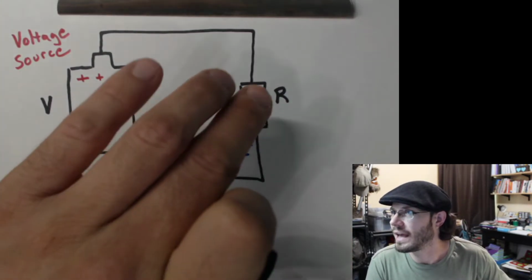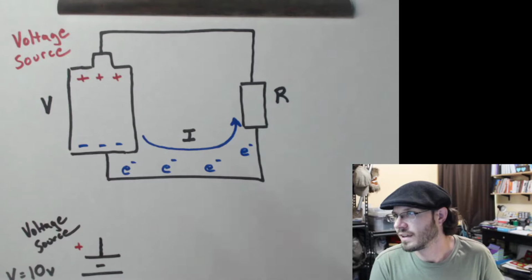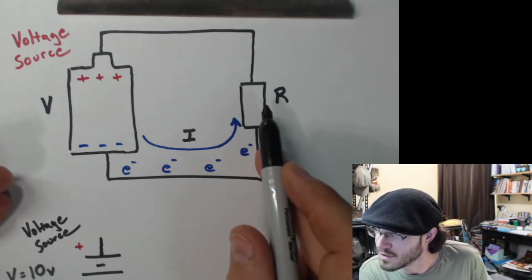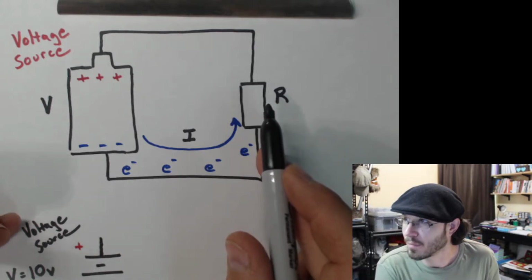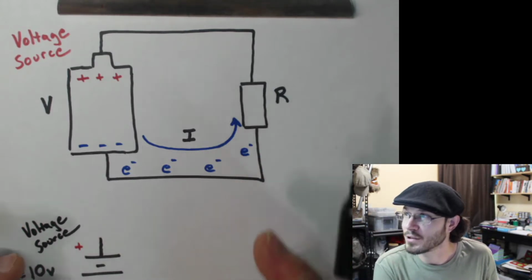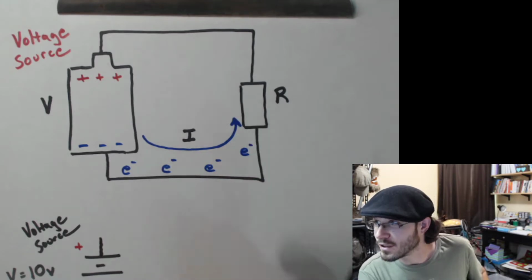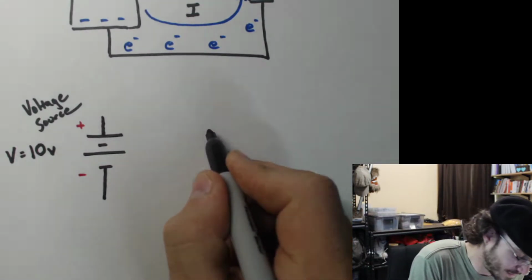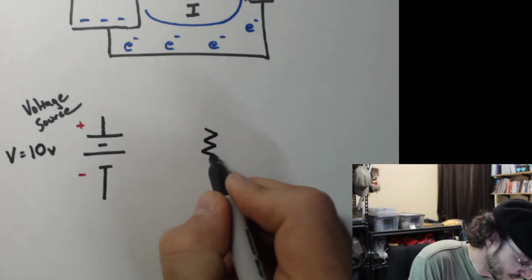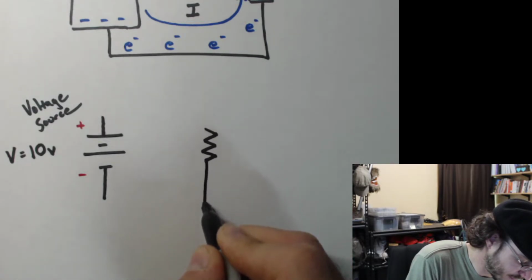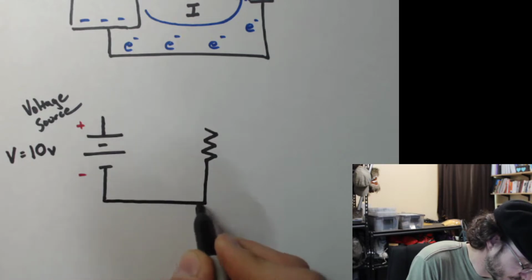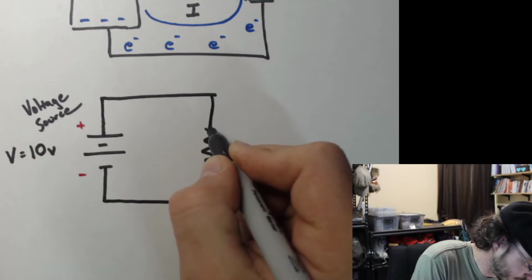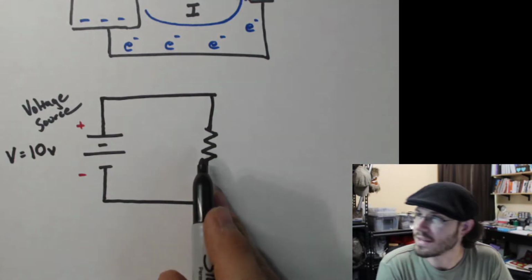Now this resistor actually is a correct symbol for a resistor if you are in Europe, but we're not in Europe, so I'm actually going to change it. Resistors in this class are going to be written as this.